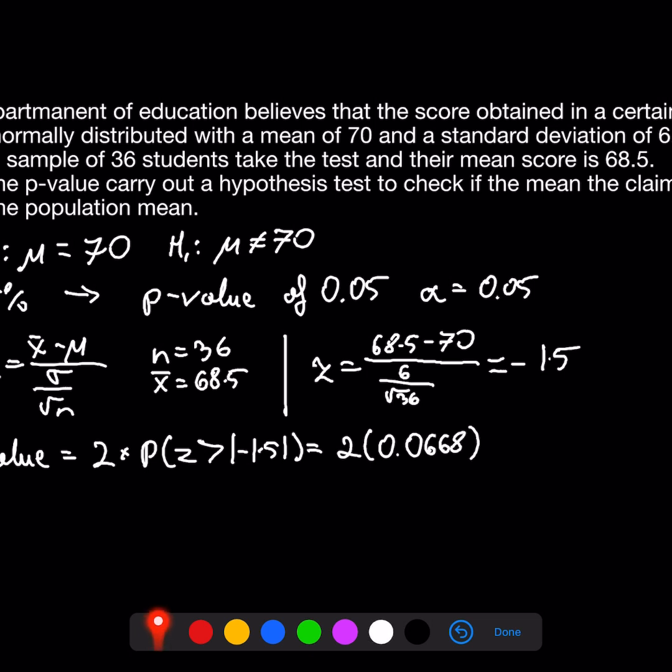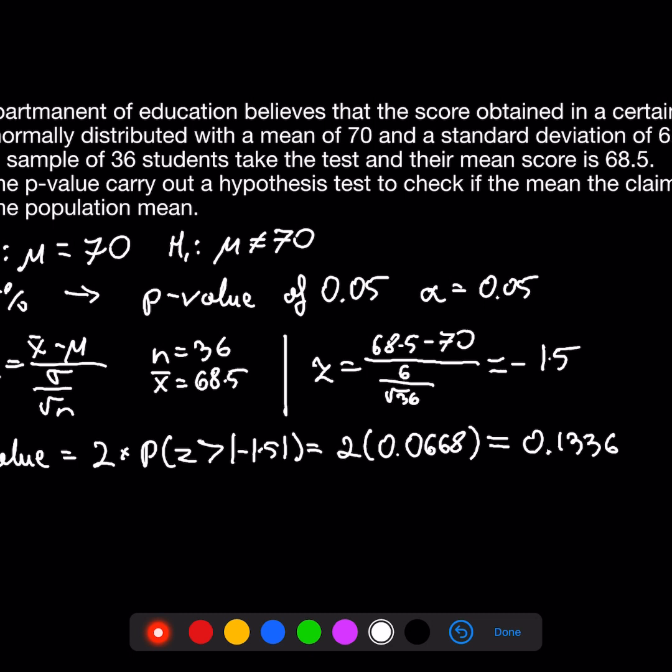The way I find this value is I'm rewriting this as the probability of z being less than minus 1.5, and finishing that calculation, I'm going to get that the p-value is equal to 0.1336. Okay, so that's my p-value.